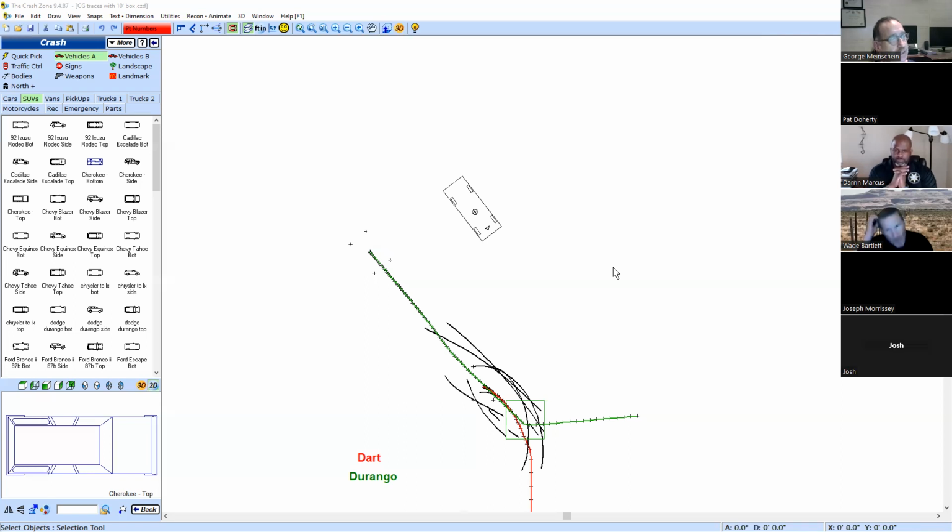You have to plot where the CG is compared to where the front and rear tires are, and literally take the tires and drop them onto the tire marks. You have to figure out which tire mark corresponds to which tire. And I'm hoping everybody here has got that down pat at the very least.